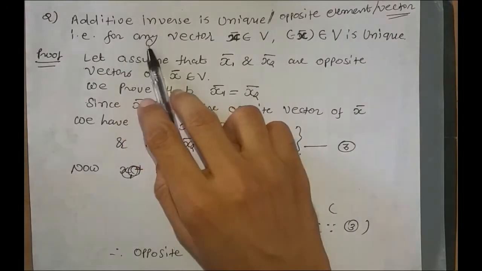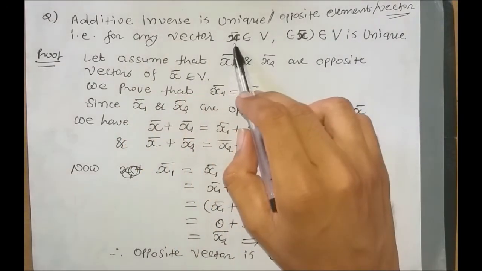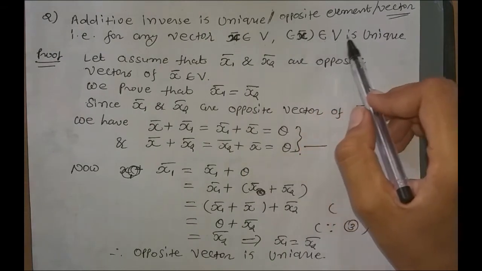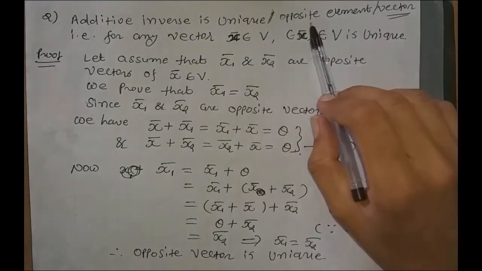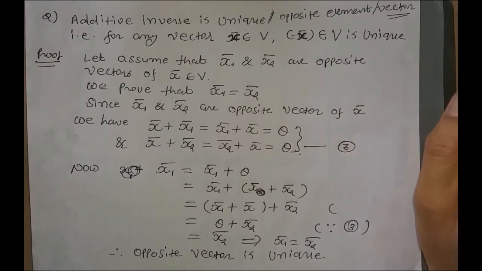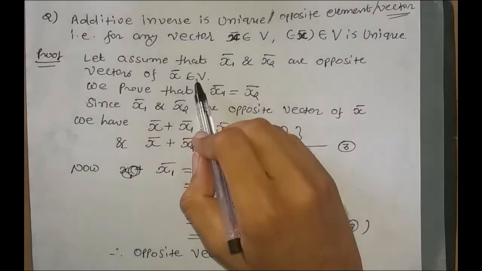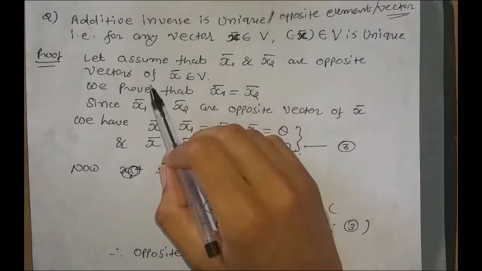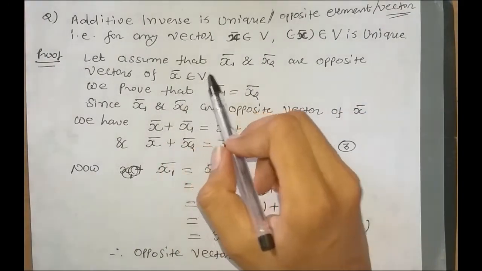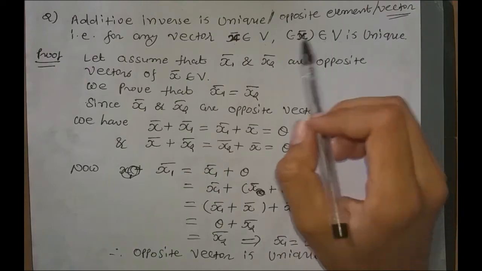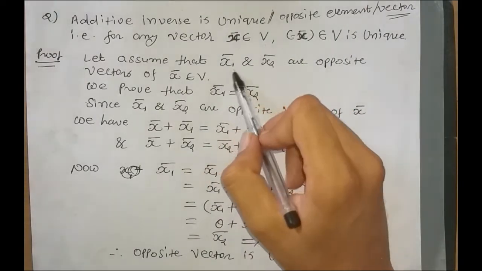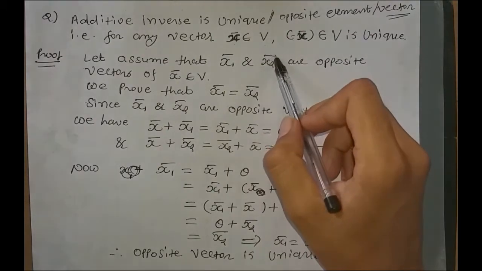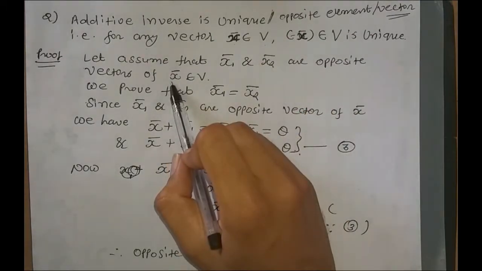That means for any vector x bar belonging to V, minus x bar belonging to V is unique, meaning the opposite vector is unique. Let us assume that x1 bar and x2 bar are opposite vectors for a vector x bar from the vector space V.